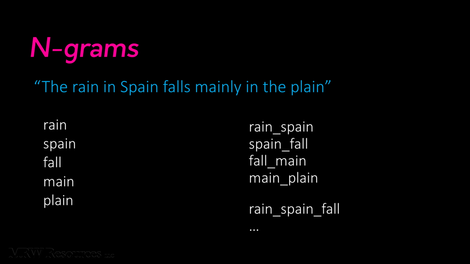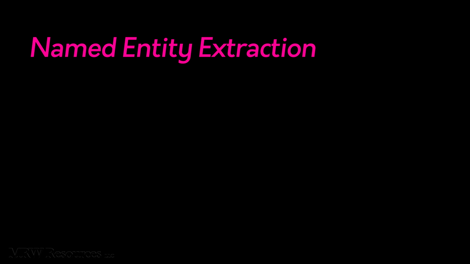Another approach to text analysis is named entity extraction. Although this appears similar to tokenization and/or stemming, it's a bit more complex in that it's based on a knowledge approach to the corpus. Here are some examples.